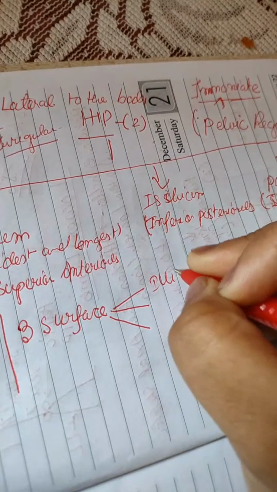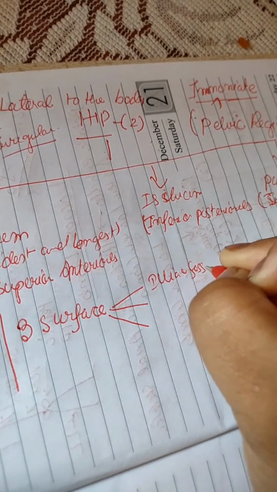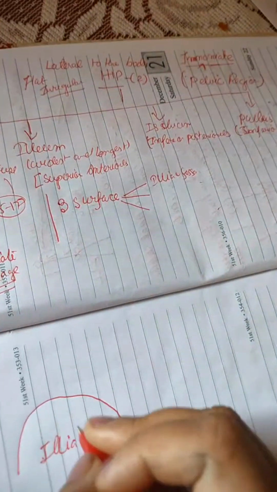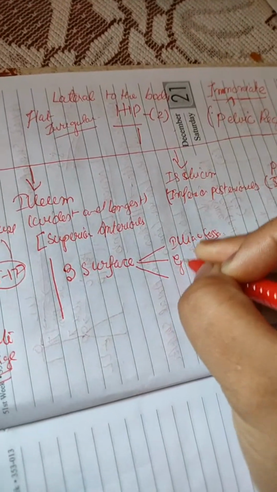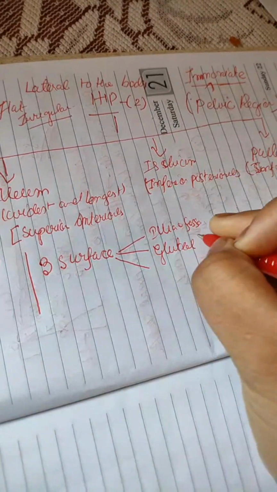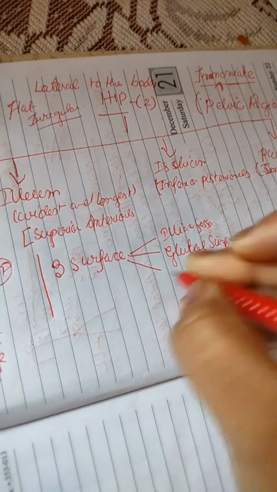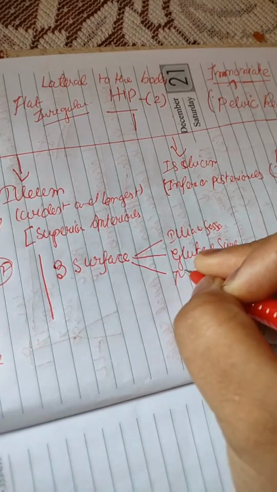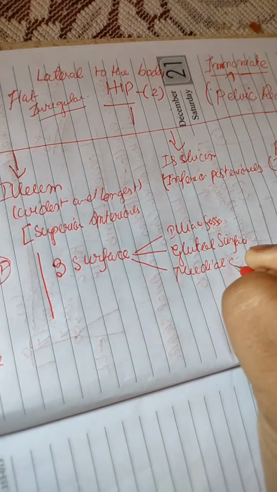So this will be the iliac fossa. Then posteriorly we get the gluteal surface, and in the middle, where it attaches with the sacrum, we get the medial surface.